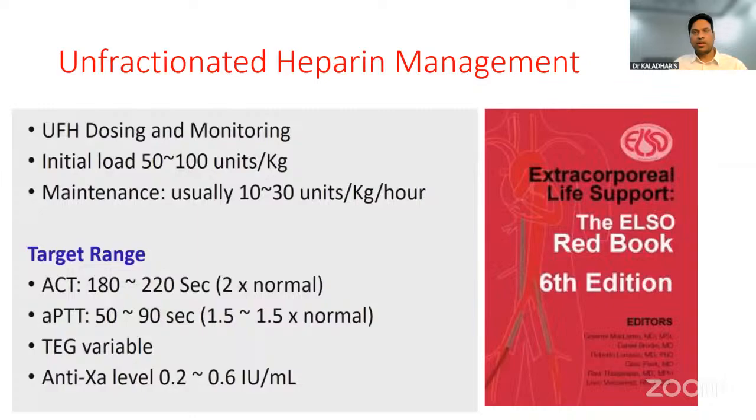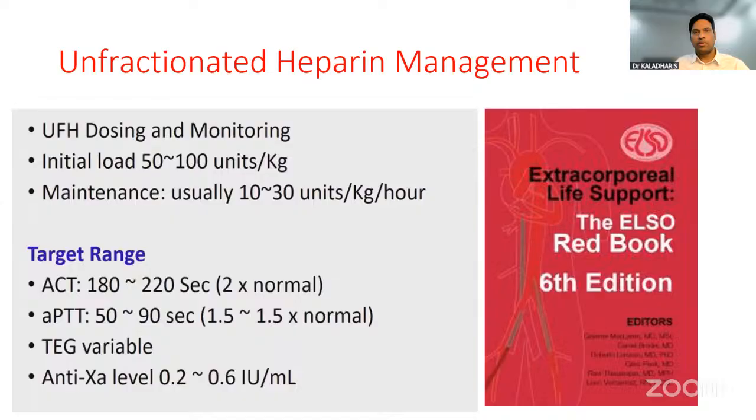When we start any patient on ECMO with unfractionated heparin, what is the dosing and how do we monitor? Generally, the initial loading, when we are putting cannulas in, is around 50 to 100 units per kg. Generally, we calculate around 5,000 units for a 50 to 60 kg adult. Along with that, maintenance of around 10 to 30 units per kg per hour has to be started.